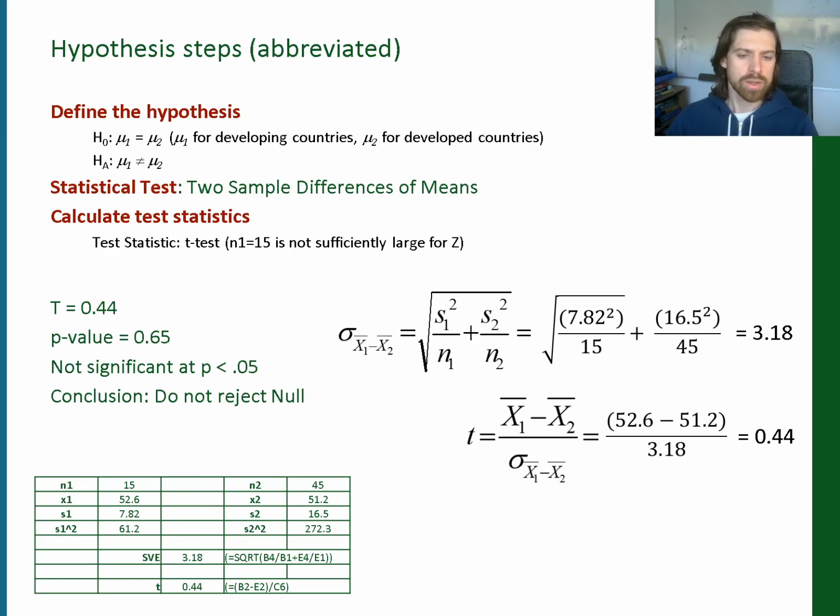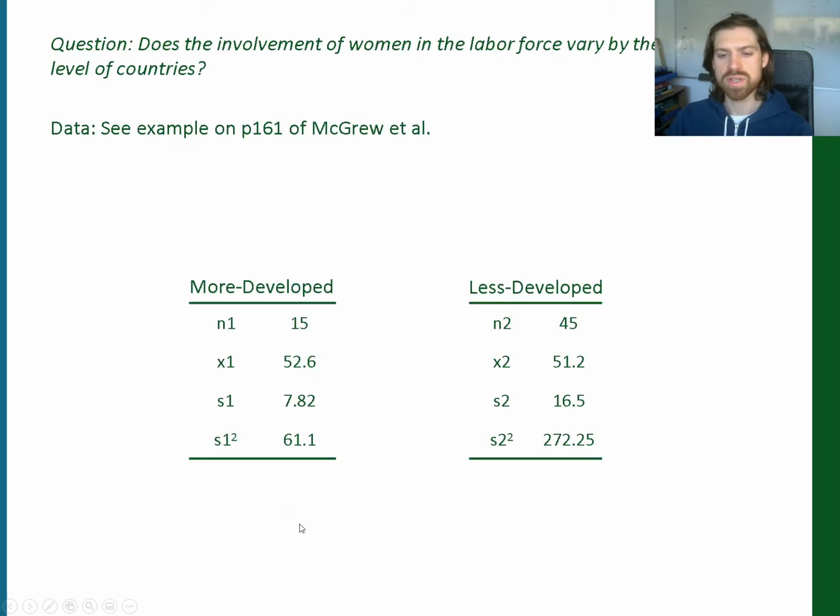Okay. Now, I appreciate that that looks complicated, so what I've done, if you look down here on the left-hand side, is I've tapped out in an Excel spreadsheet the data for the two different samples. Here's the data on the left for the more developed countries and the data on the right for the less developed countries, so it should mirror what you see here.